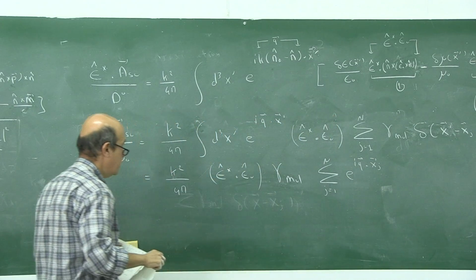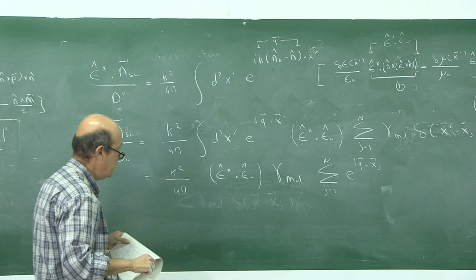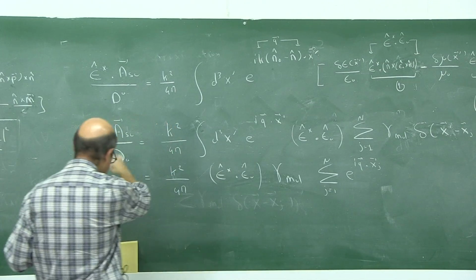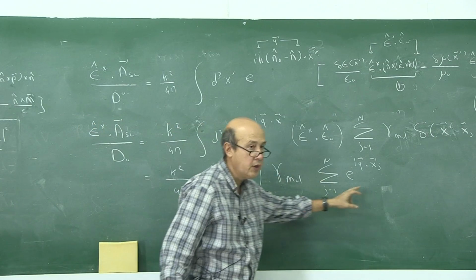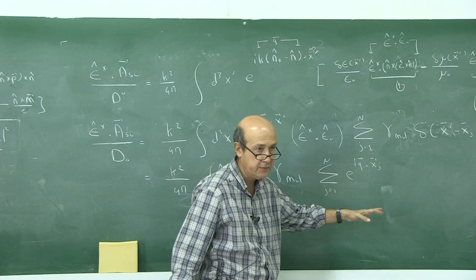Instead of x prime, you will substitute xj. Again, you are seeing that if you take the square of this, you have to take the square of this, and this is again a structure factor.